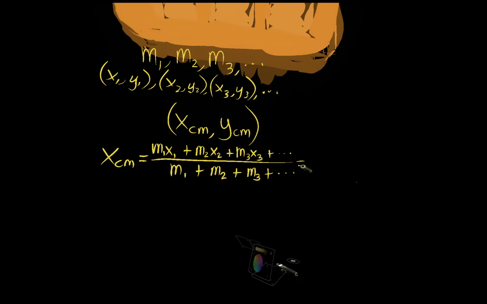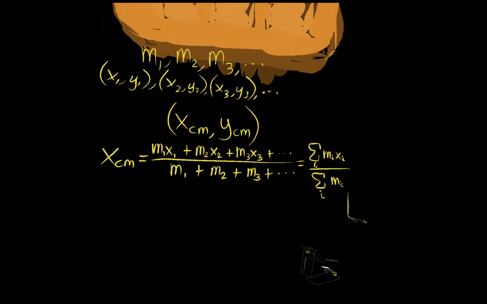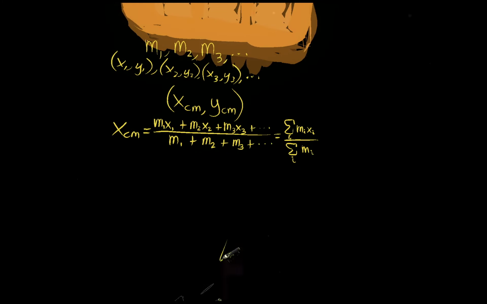In more compact form, we would write this as the sum over i of mi xi over the sum over i of mi. There we go. And for y_cm, it's the same. Just replace the x's with y's. So that is how you find the center of mass in each dimension of your coordinate system that you've established.